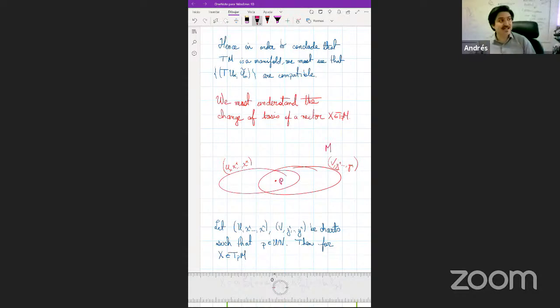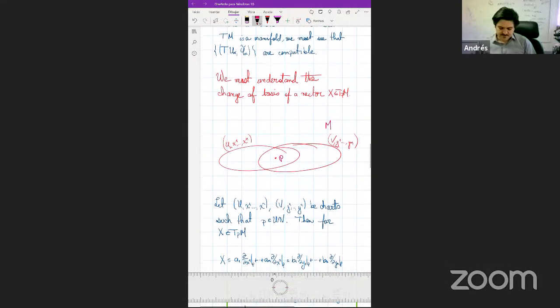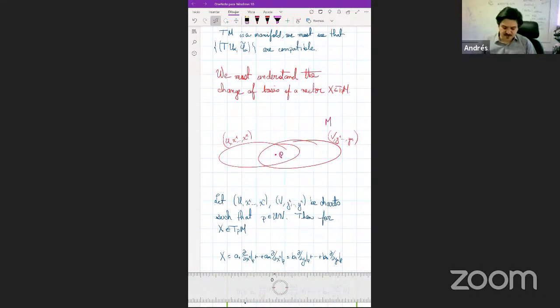I'm not using TM. So the vector can be written in two ways. In U, using the x's it looks like this, and in the y entries it will look like this. So these are some real numbers, okay?